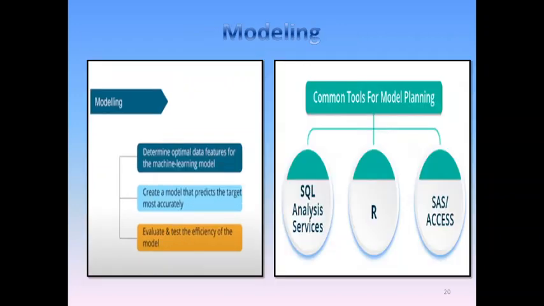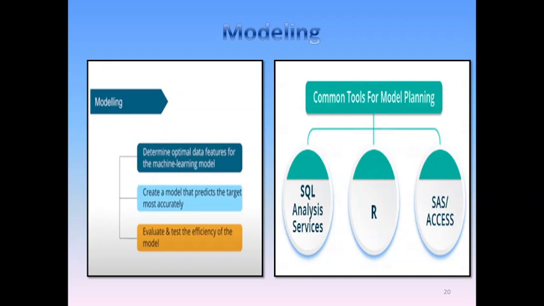Data modeling. In data modeling, we determine optimal data features for the machine learning model and specify what kind of model we can use in the data science product. Create a model that predicts the target more accurately. In this phase, we use different models and check which model is working accurately.